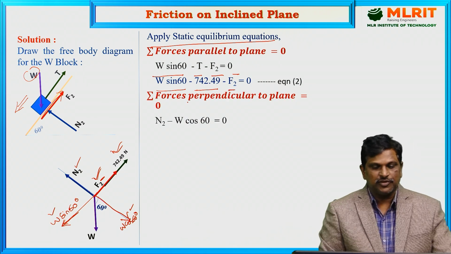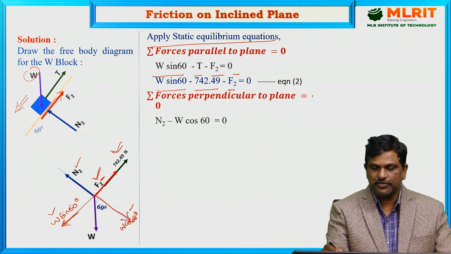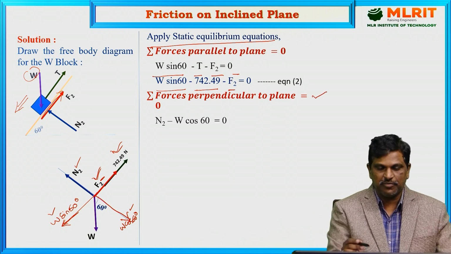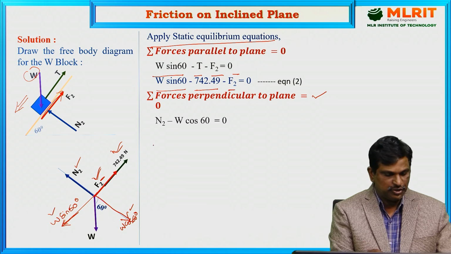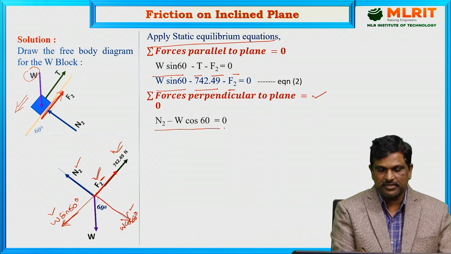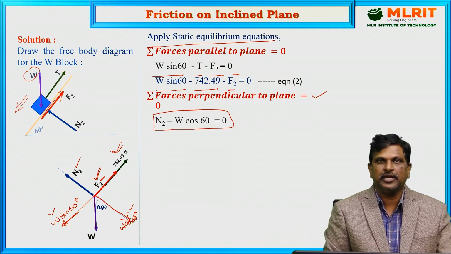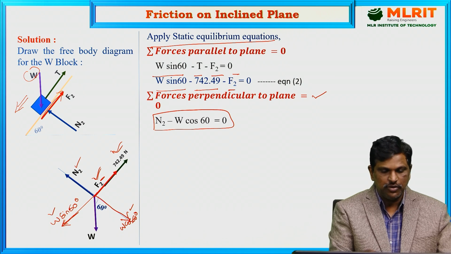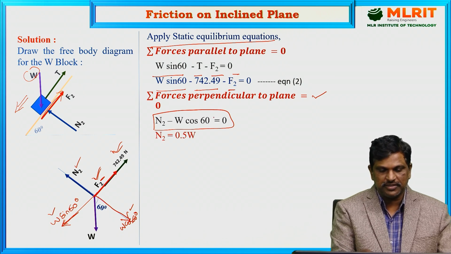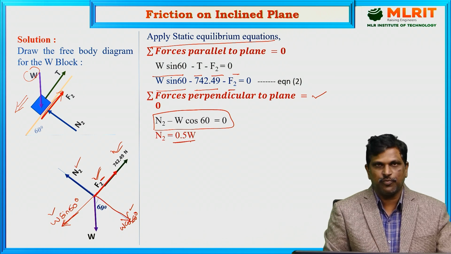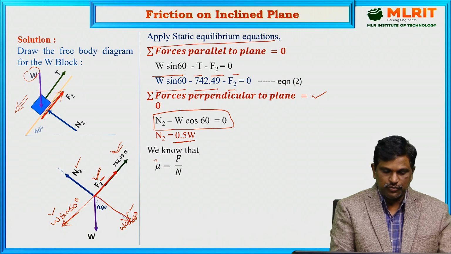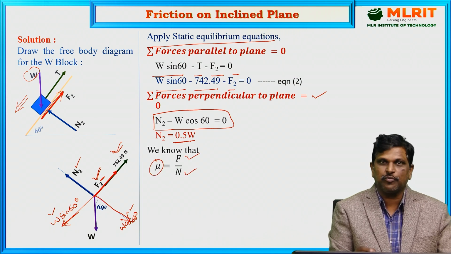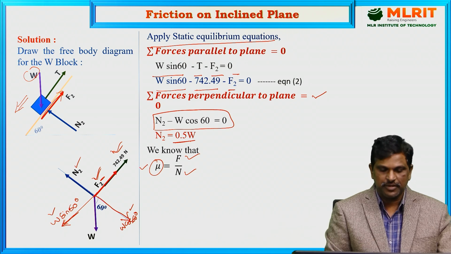Now write the second equation of static equilibrium. Sum of forces acting perpendicular to the plane is equal to 0. N2 minus W cos 60 equal to 0. N2 equal to W cos 60, which is equal to 0.5 W. We know that mu is equal to F by N, friction by normal reaction equal to coefficient of friction.